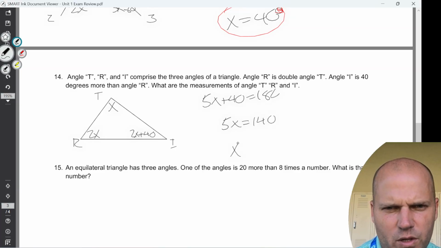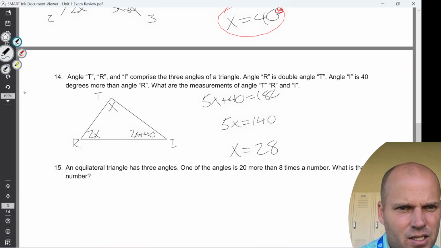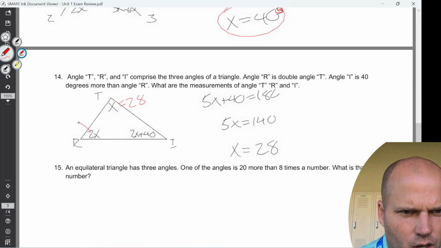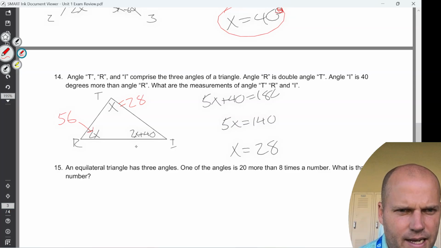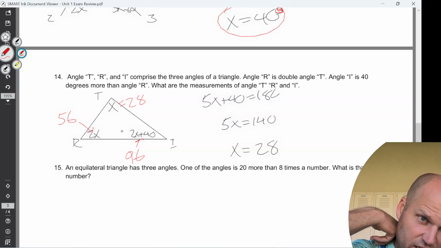I need to divide 140 by 5, and that's going to be 28. So angle T is 28. R is double that, so that's 56. And I must be 56 plus 40, which is 96. So 28, 56, 96.